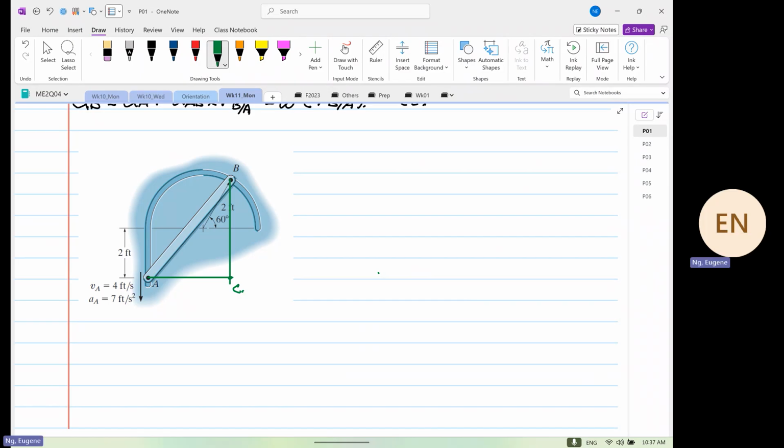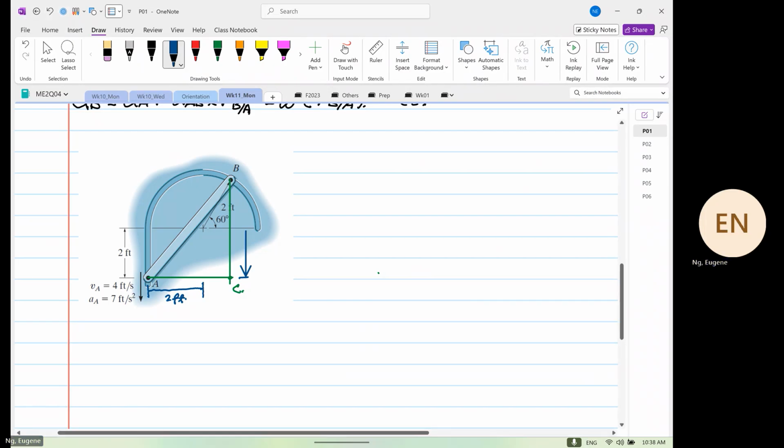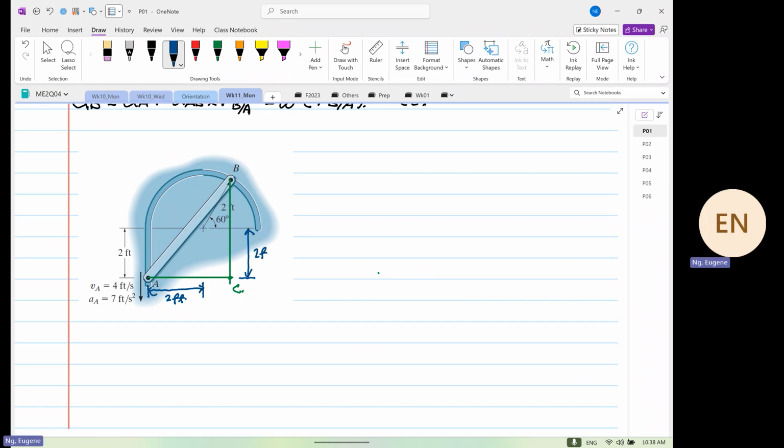So we have to be very cautious when we look at geometry over here. We know the distance from here to here is 2 feet. We are also aware that the distance from here to here is 2 feet.